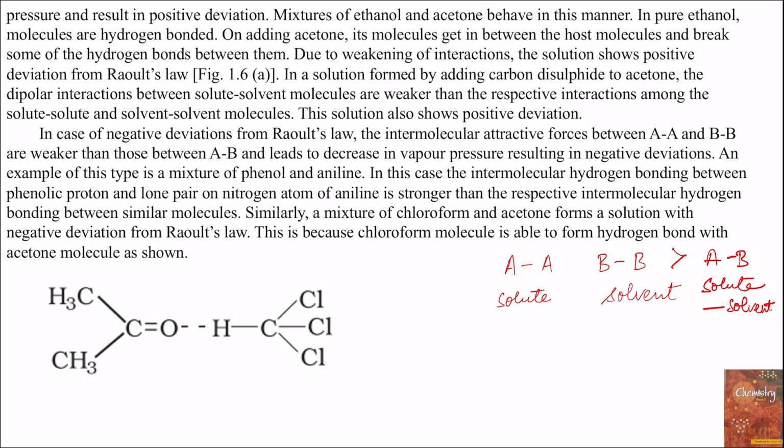So what happens in the solution phase? Due to low intermolecular attractions, the molecules can easily go into the vapor phase, as a result of which the vapor pressure of the solution is greater than that predicted from Raoult's law, and thus these kinds of solutions show positive deviation from Raoult's law.